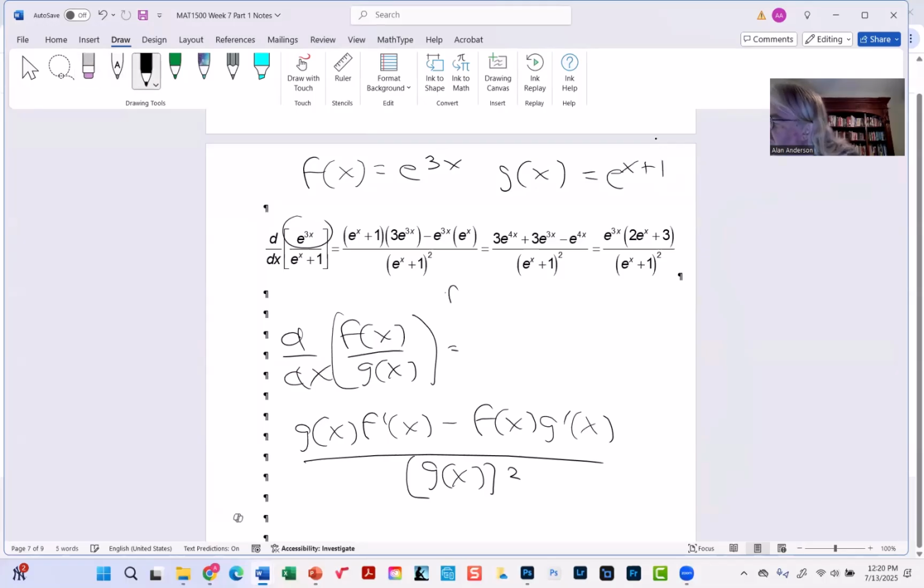Then f prime of x is, now in this case, u is 3x, which means du dx is 3. So this reduces to 3e to the 3x. And then g prime of x is simply e to the x because, oh, I didn't draw this correctly, did I? This should be e to the x plus 1, sorry. That's not part of the exponent. Because of course the derivative of e to the x is e to the x, but the derivative of 1 is 0. So these are the derivatives that we need.